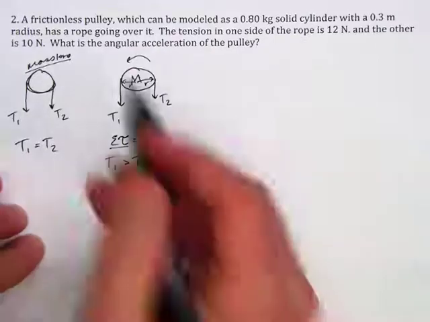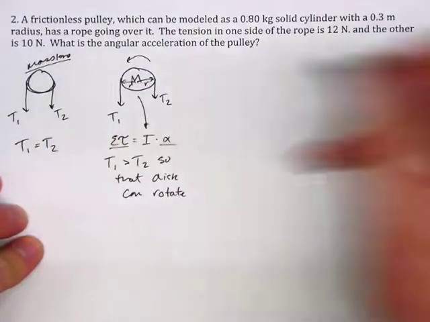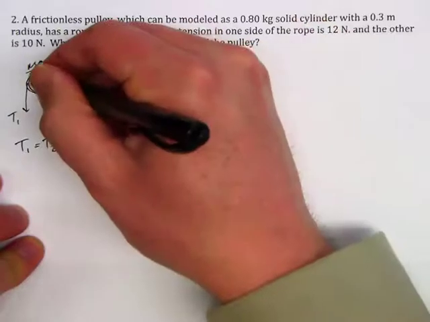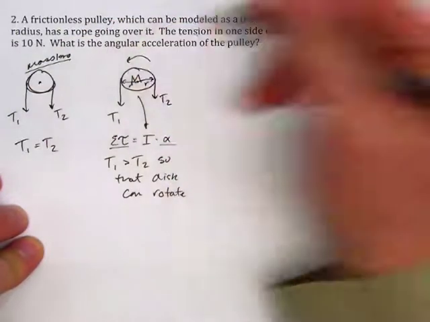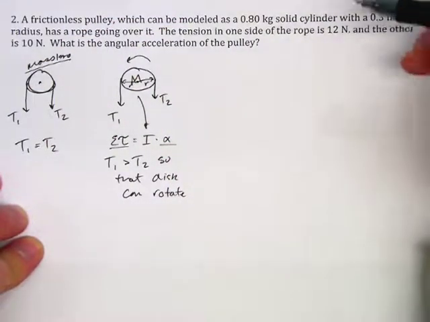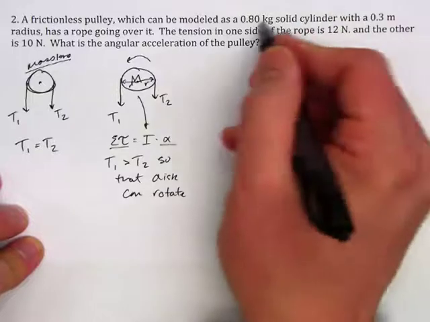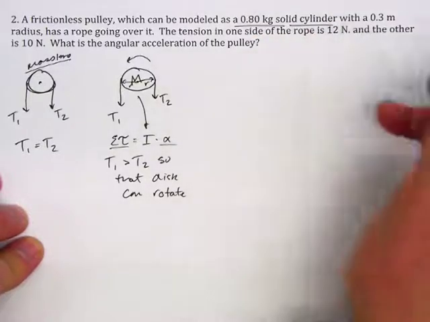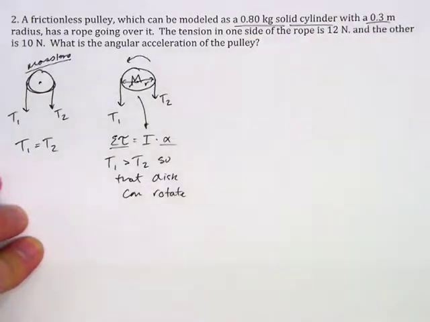So we have a frictionless pulley. Frictionless meaning that there's no friction at the point of rotation, so I don't have to account for a torque due to friction while it rotates. Now we have a 0.8 kilogram solid cylinder, which has a 0.3 meter radius and a rope hanging over it.